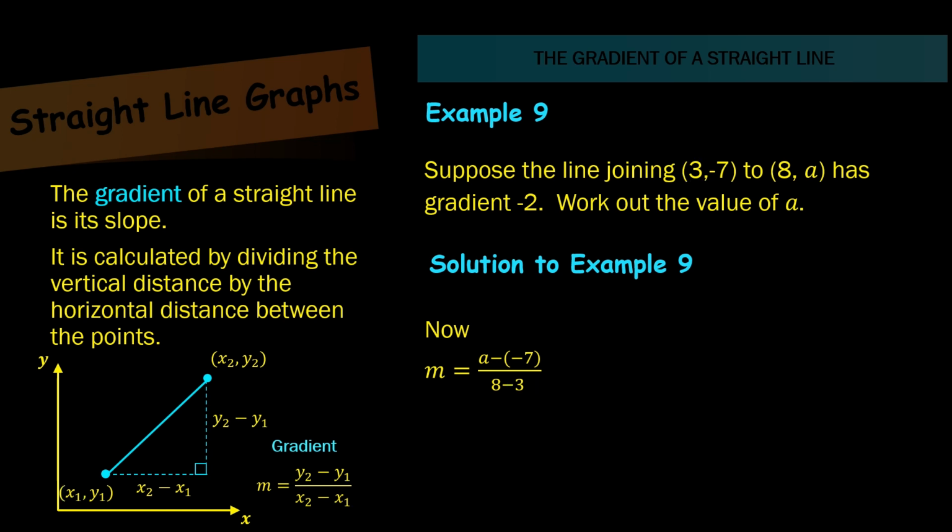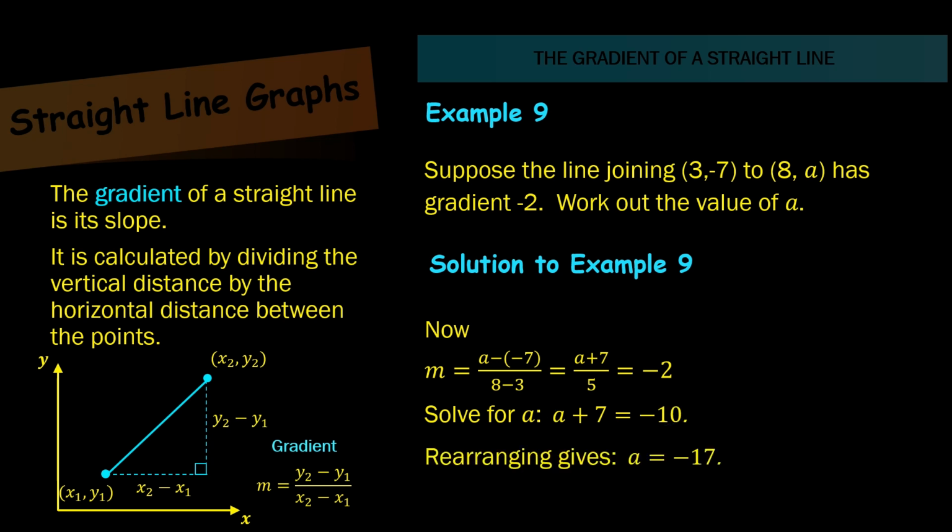Tidying up gives us (a plus 7) over 5. We know that this is equal to minus 2. Now solve for a. Multiplying out, (a plus 7) over 5 equals minus 2 gives a plus 7 equals minus 10. And finally, rearranging gives a equals minus 17.